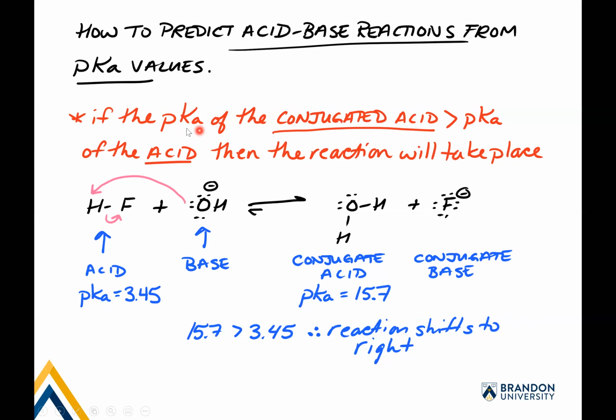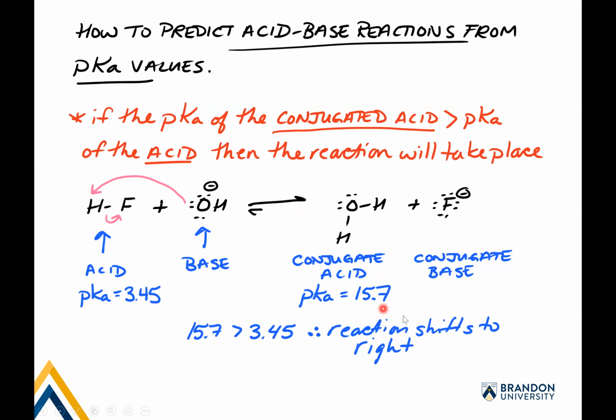So if there's a reaction in such a fashion like this, we want to see which side of the equation has the highest pKa value, because the reaction is always going to go towards the highest pKa value, because the highest pKa is the weakest acid. So it's always going to travel in the direction of highest value.